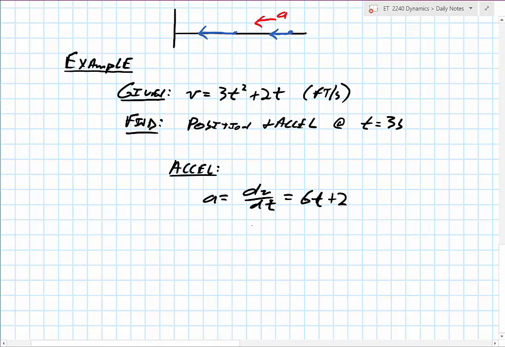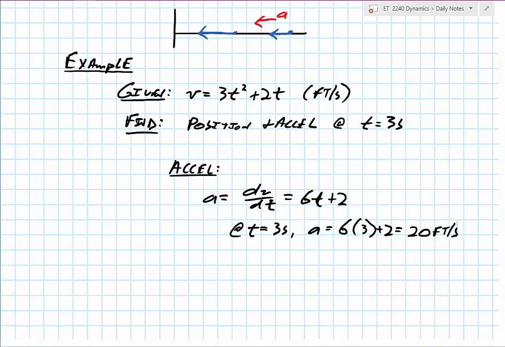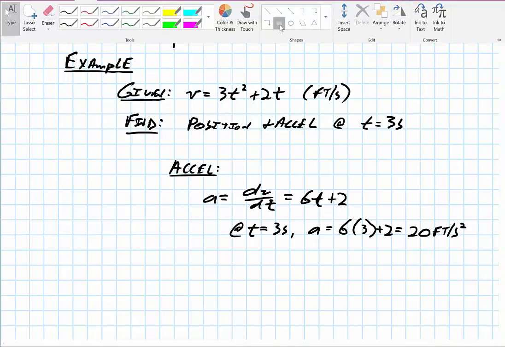After I have my equation for acceleration as a function of time, I just have to say at this 3-second mark, I'm just plugging it in. So my acceleration would equal 6 times 3 plus that 2, or 20 feet per second. Watching my units. Ooh, 26 feet per second squared. Not watching my units good enough apparently, but you get the idea.